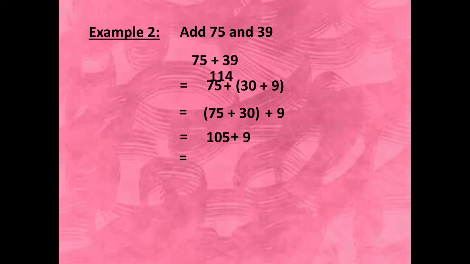So the answer is 114. So 75 plus 39 is equal to 114. Instead of taking it into arrange and add, we will quickly add by grouping them and ordering them.